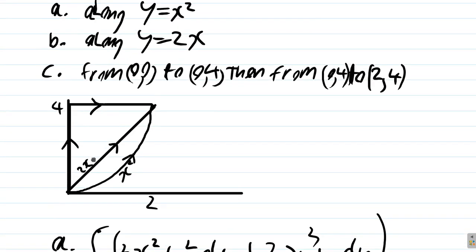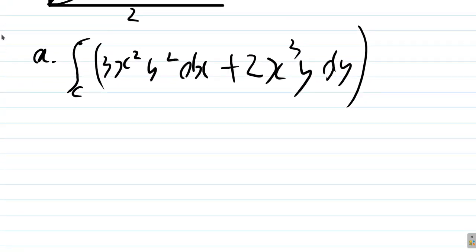Alright, so this is going along y equals x squared. Now remember, when we're doing this line integral, we want everything in terms of x and dx. We're going to have to change the y. Y equals x squared.